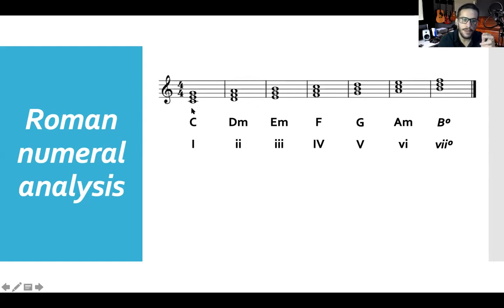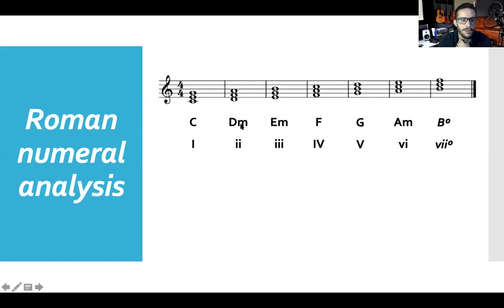Always the chord that is made on the first note of the scale is going to be a major chord. When we label a major chord, we only label it with the letter. We don't need to state that it's major. If I see this as a chord, I should expect it to be major because it has nothing there to explain that it's major.